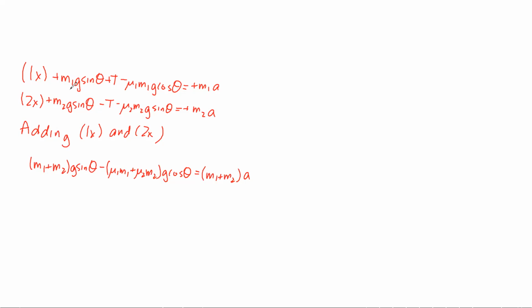So factor out the g sine theta, you just get m1 plus m2. T's cancel. Did we do the coefficient of friction right? Factor out a g cosine. Oh, did I write that wrong? Yeah, there's an error right there. Let's see. Oh, shortcut. Just a minute. Yeah, there was an error right there. So certainly correct that. So use a different color. This should be cosine.